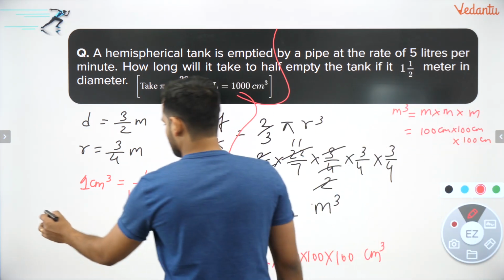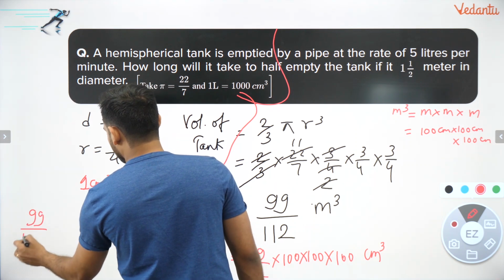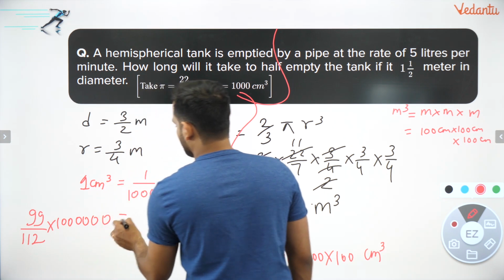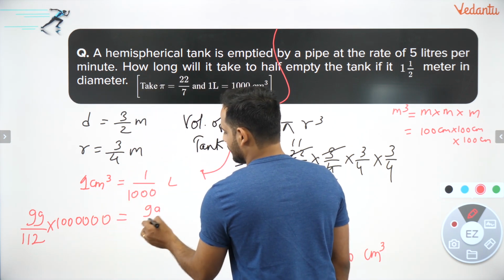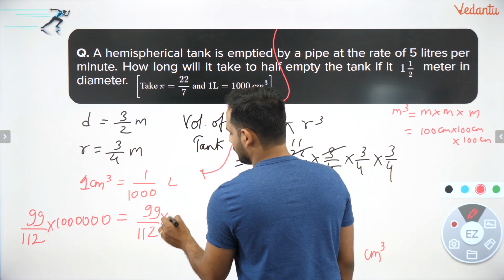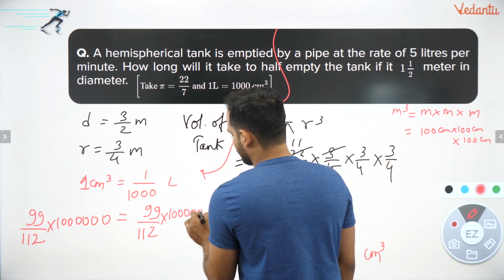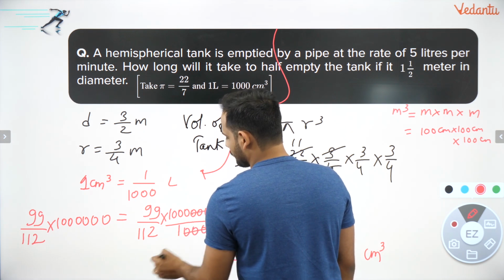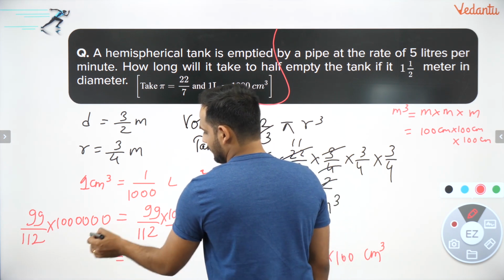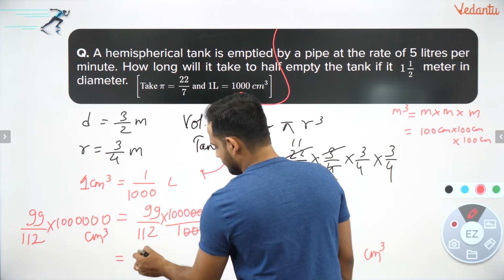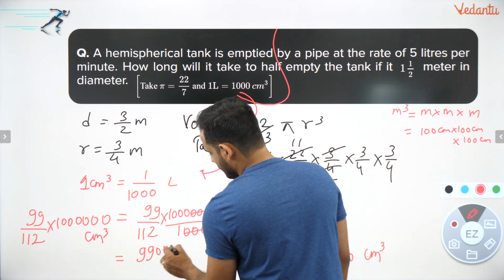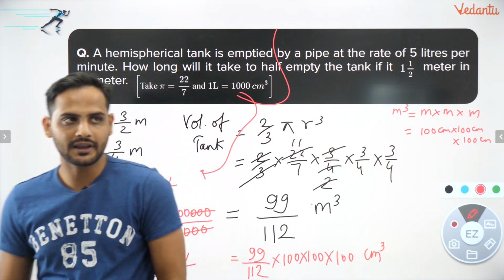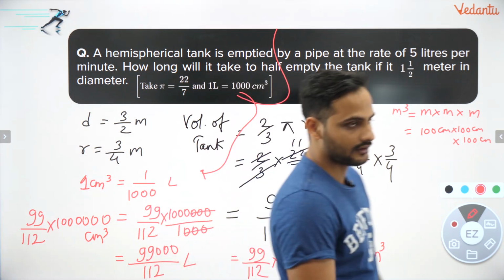So 99 by 112 into 100 into 100 into 100 is equal to 99 by 112 into 1, 2, 3, 4, 5, 6 zeros, divided by 1000. So 3 zeros and 3 zeros got cancelled. So you will be left with 99,000 upon 112 liters. This is the total capacity of this hemispherical tank.